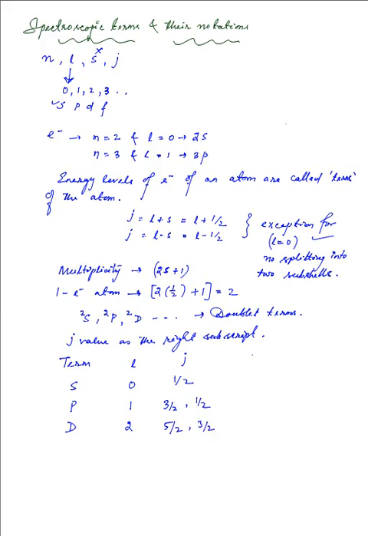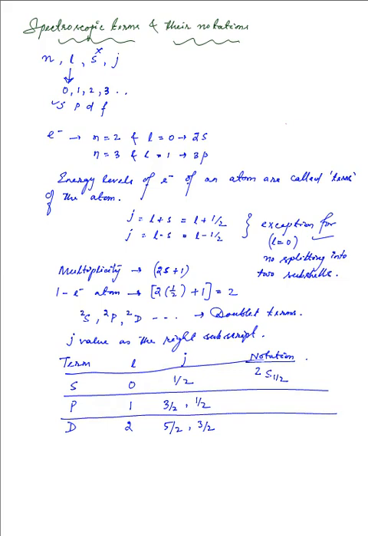So the notation that we use in its entirety can be given as 2S half for the first one, of course. Then we have the next ones to be 2P 3 over 2, 2P half, and then 2D 5 over 2, 2D 3 over 2.